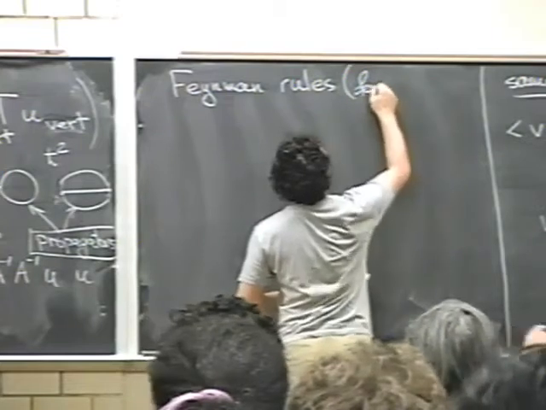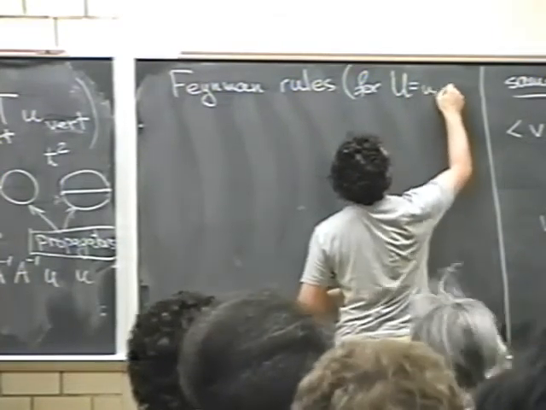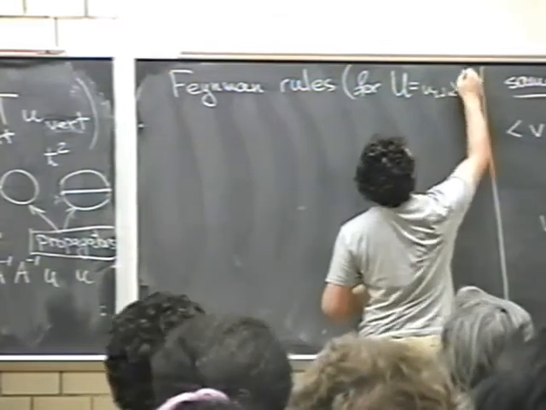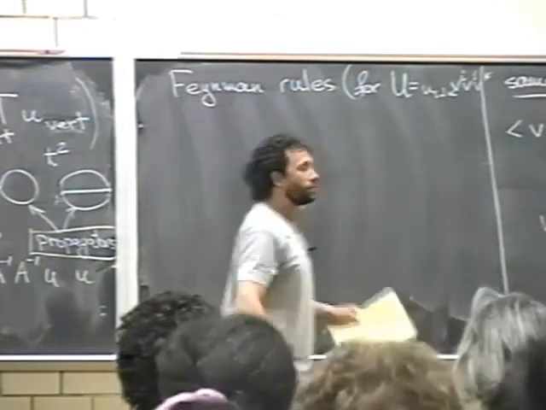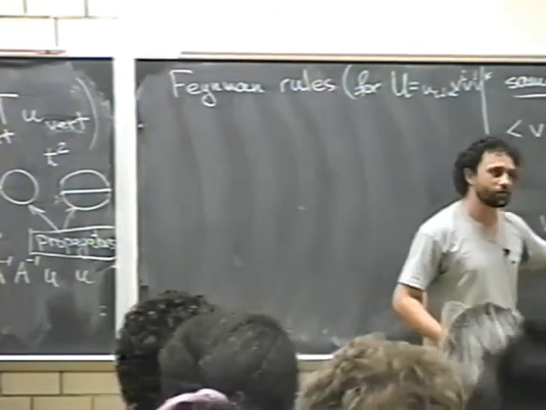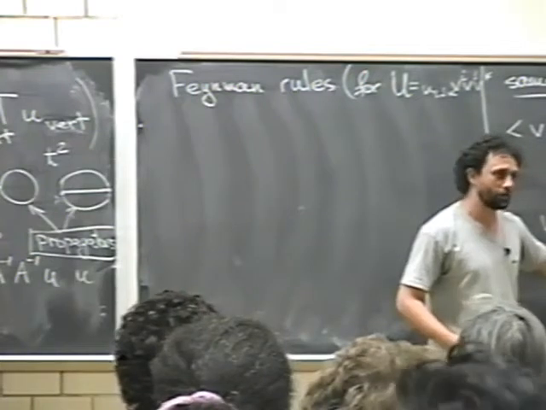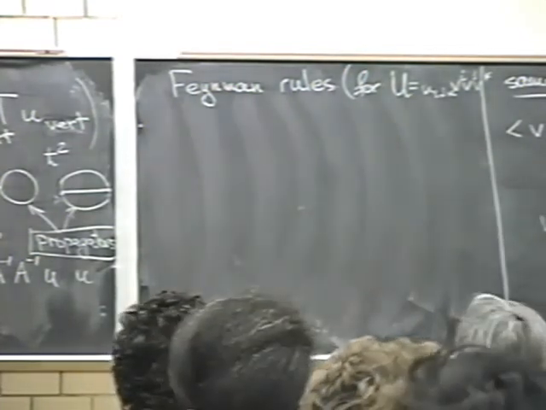Feynman rules for this example for U. They are the description of the graphical algorithm for computing. The Feynman rules are just this description of the graphs which appear in your expansion and of the weights which you put on the edges and vertices of the graph.